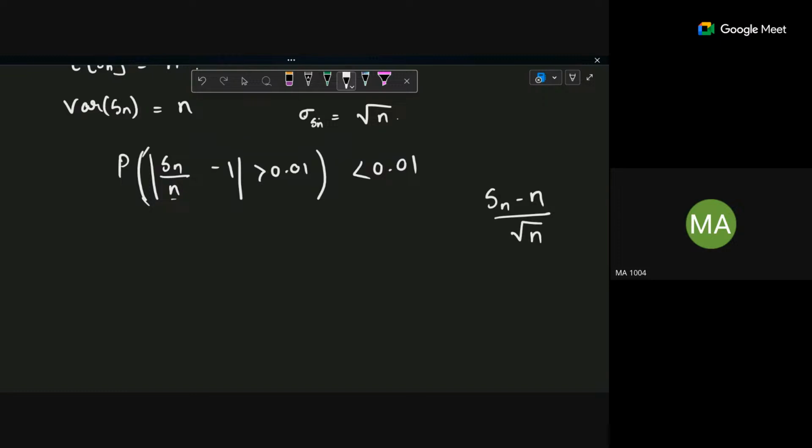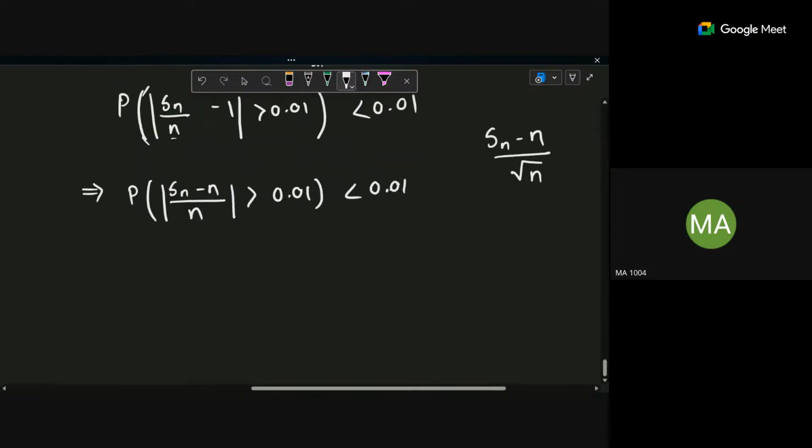How will you adjust it from here? Not that much difficult. Just write the probability that |Sn minus n| by n is greater than 0.01 is less than 0.01. Any doubt in this step? I just cross multiplied it. So I got mean here, but this is variance. I want it to be a standard deviation. What to do? Just simple mathematics.